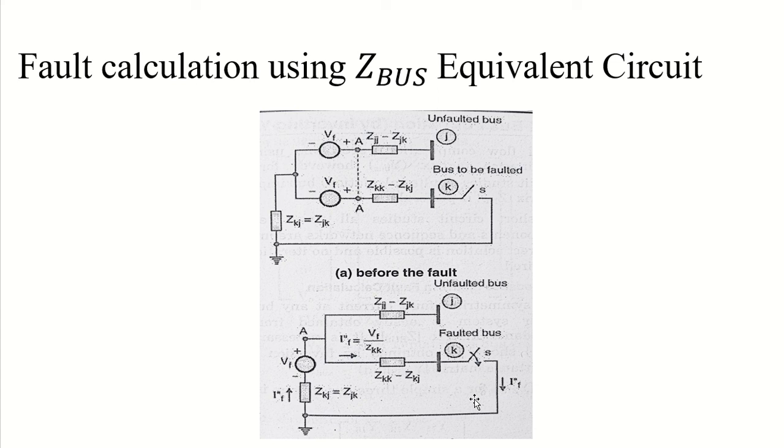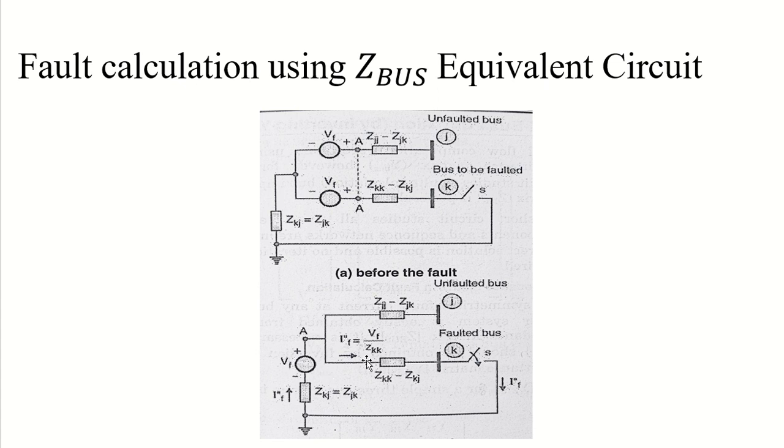What will be the value of that current? As you can see, IF double dash, the voltage was VF, and the impedance is ZKK.